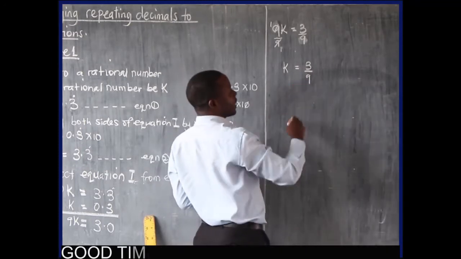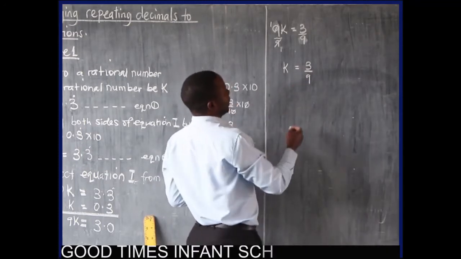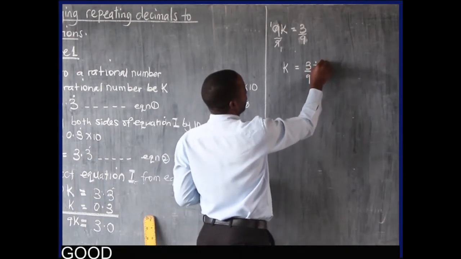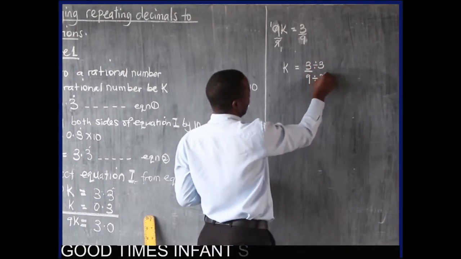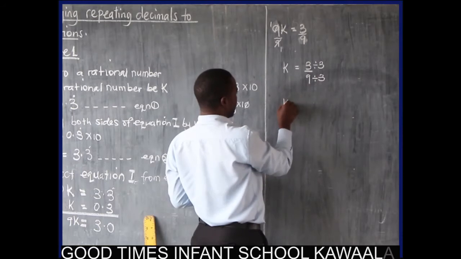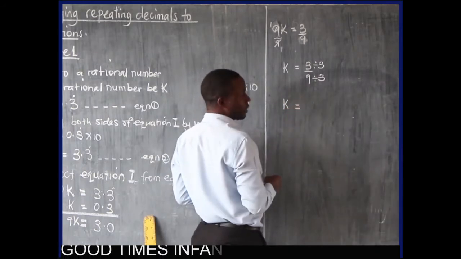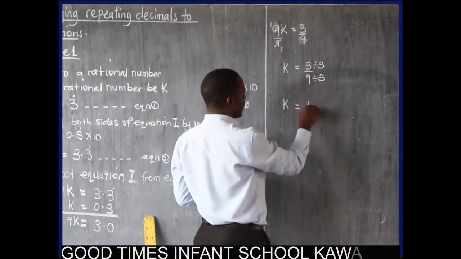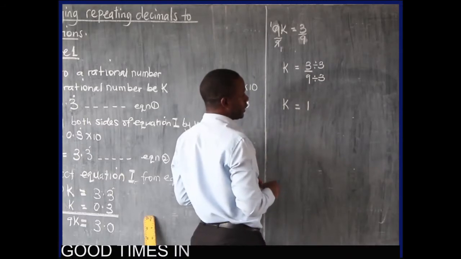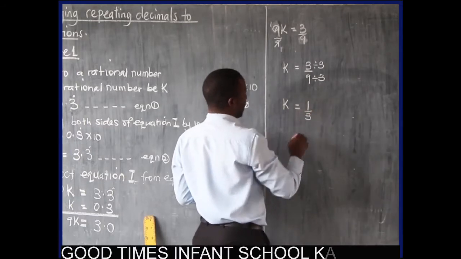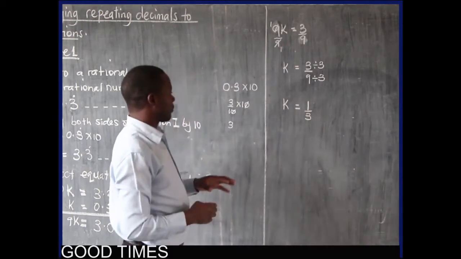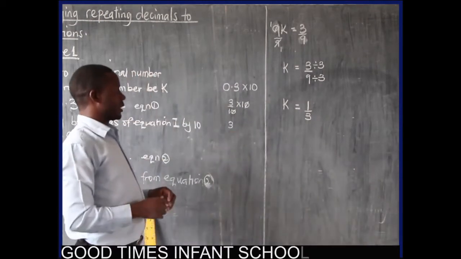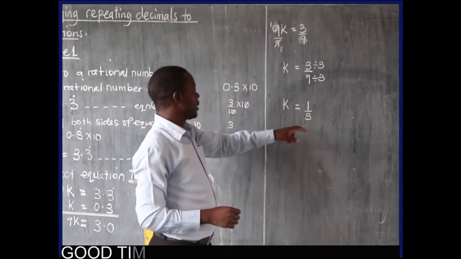Factors of 3 and 9, we have 1, 3. So the common factor there is 3. So what do we get when we divide that? 3 divided by 3 is 1. 9 divided by 3 is 3. And our fraction becomes a third. This is now the rational number they want.